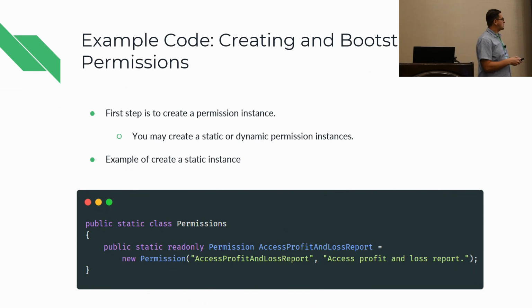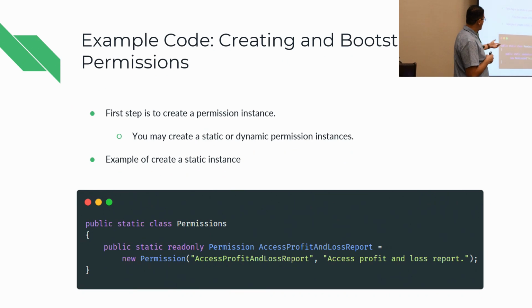Hopefully most of you have done this before, but if not, this is how you can create an instance of that permission. It's a read-only permission. In this case, it is static, but you can also create dynamic ones, and we do use dynamic ones in Orchard, not a lot, but we do use them. So in this case, I'm defining a static instance, and I named it AccessProfitAndLossReport. As you can see, the first parameter is the ID, and the second parameter is the description for the UI.